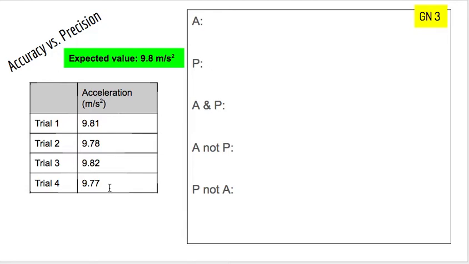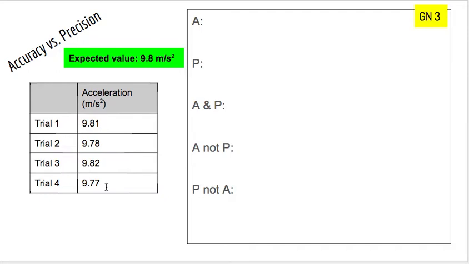They are very close to 9.8. For this class, these are also very precise results, meaning they are all very close together. They are all within 0.03-ish of each other. So this would be an excellent experiment.